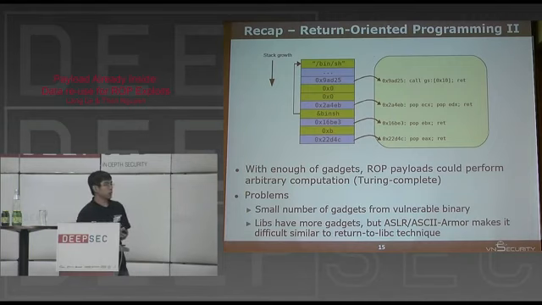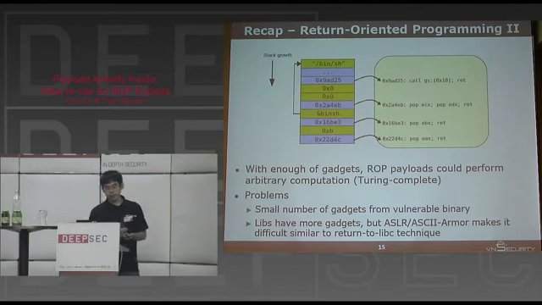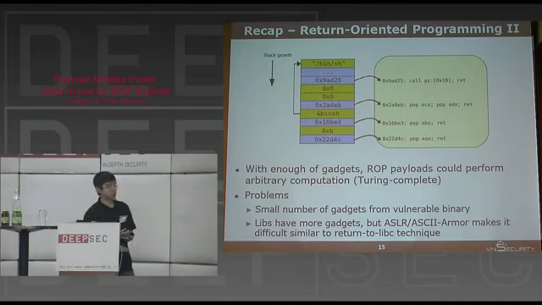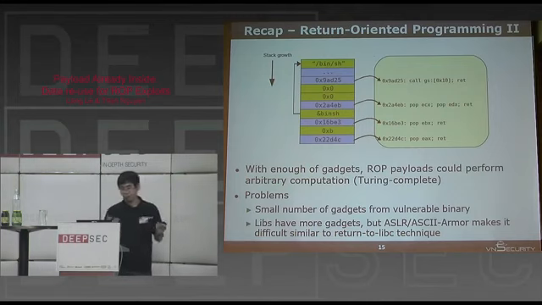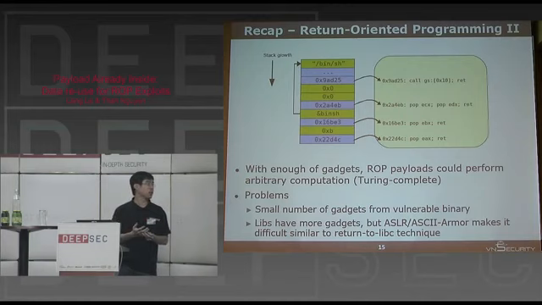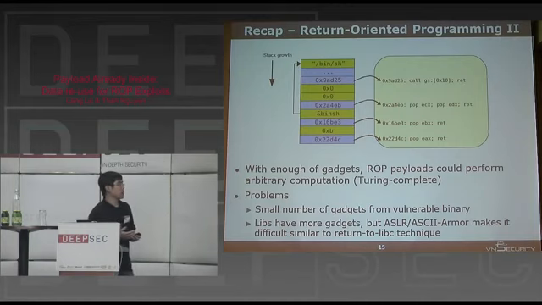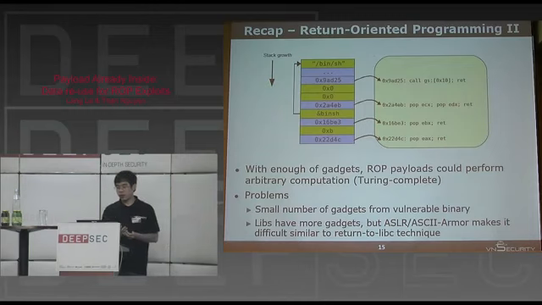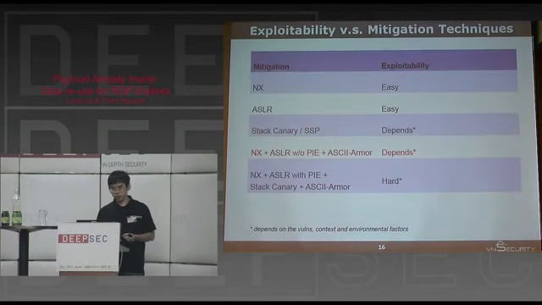However, in practice, the problem is that there is a very limited number of gadgets you can really use from the vulnerable binary. The libraries have more gadgets, but the randomized library mapping or ASCII armor makes it very difficult to build a chain or ROP payload.